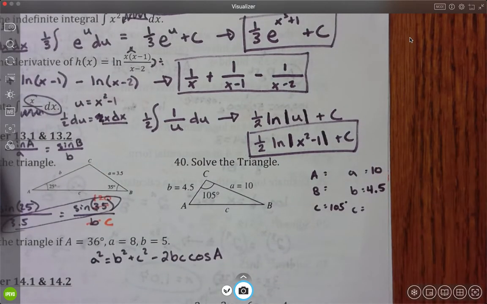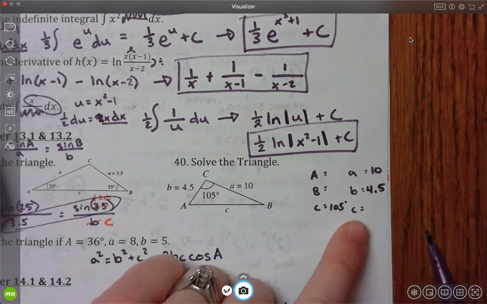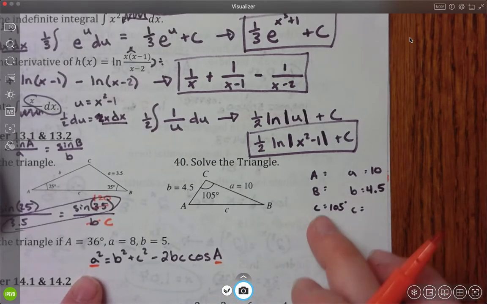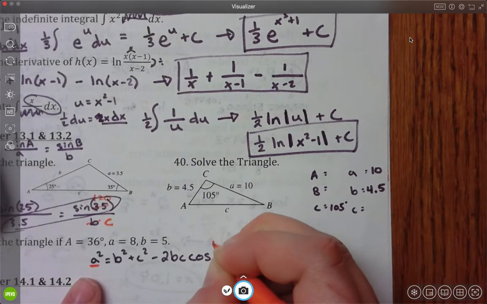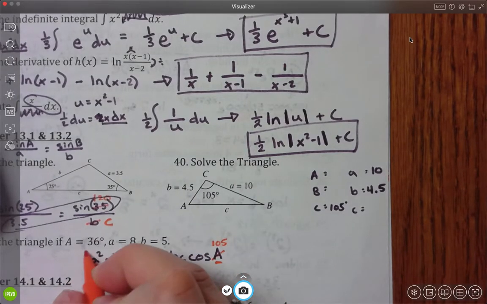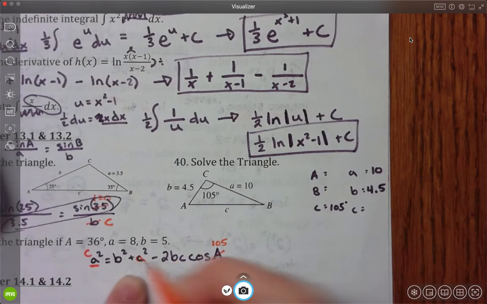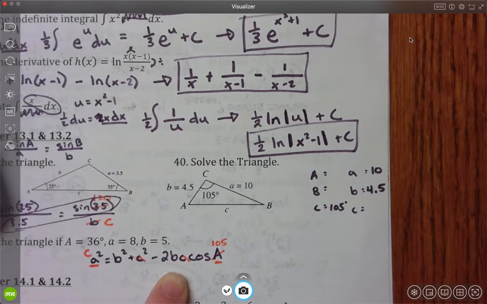So we're going to use this to solve for c first. Even though they call this A and A, those are actually going to be my c values because the only angle that I know is 105, and so this is going to be C in this case. So really, this is technically A, and this is technically A here. I'm just going to plug those guys in.